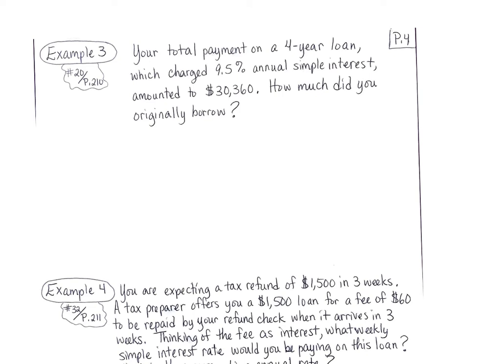Example 3. So your total payment on a 4-year loan, which charged 9.5% annual simple interest, amounts to $30,360. How much did you originally borrow? So what do we have here?